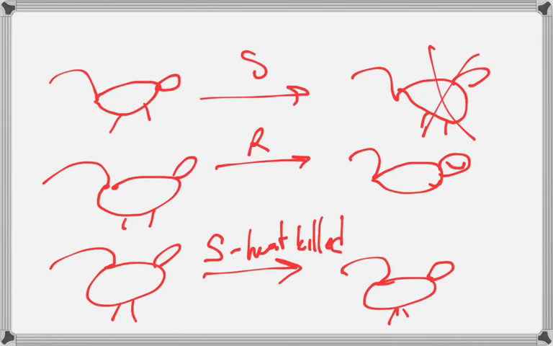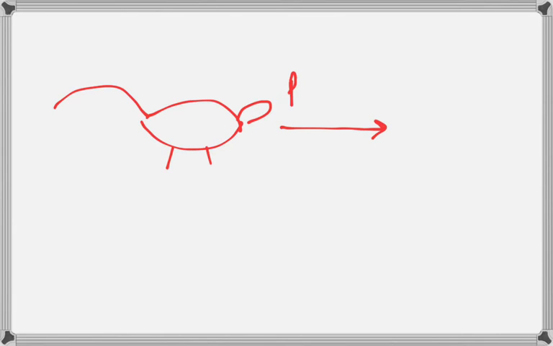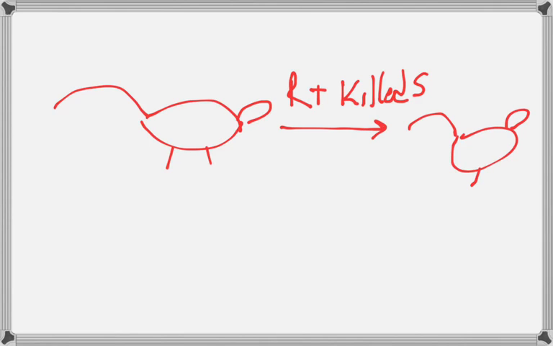And then the last of the experiments here was to take a mouse, take rough plus the heat-fixed or heat-killed smooth. And somehow now these mice are dead, or they die in greater frequency.